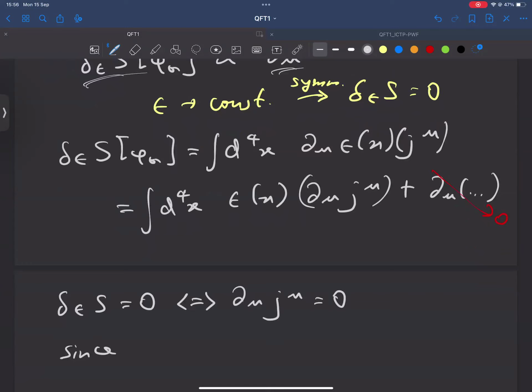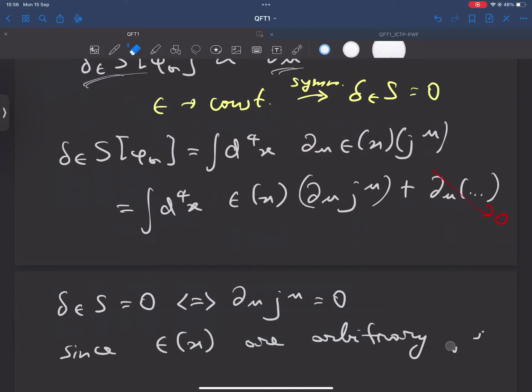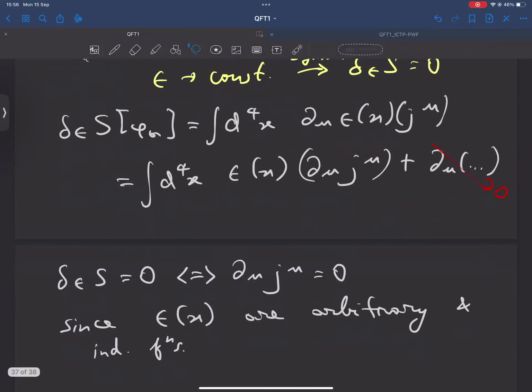Why is that? Since these epsilons that we take are arbitrary functions. They are just arbitrary and independent functions. So this is the same argument that we used in the Euler-Lagrange case: if some arbitrary and independent functions are multiplying an integrand, and the total integral is 0, then the integrand must vanish.